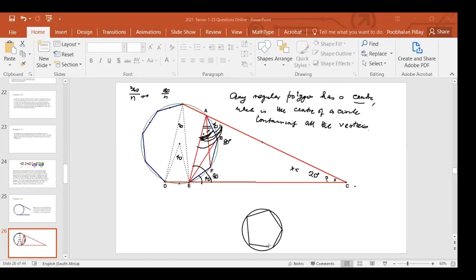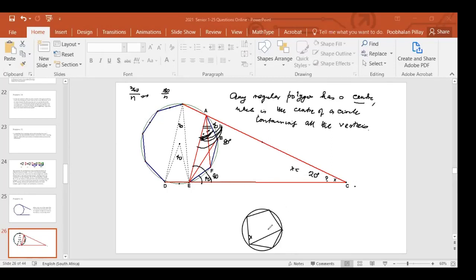Kind of will do. Okay, and if I say, what is this angle here equal to? For instance, if I asked you, what is the value of this angle here?